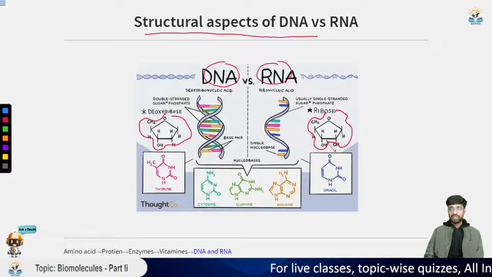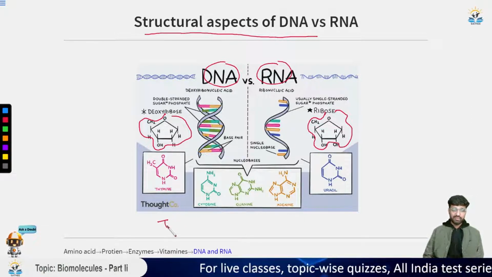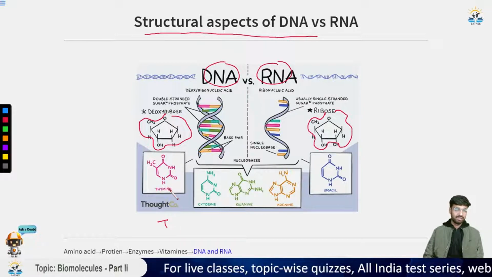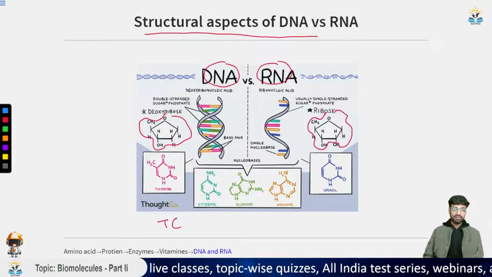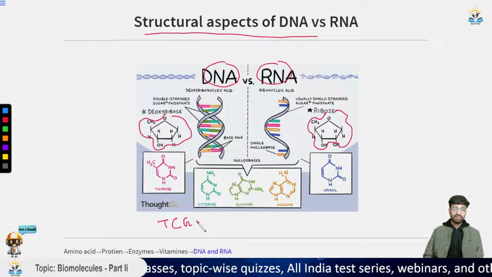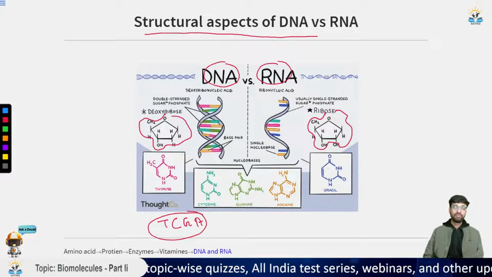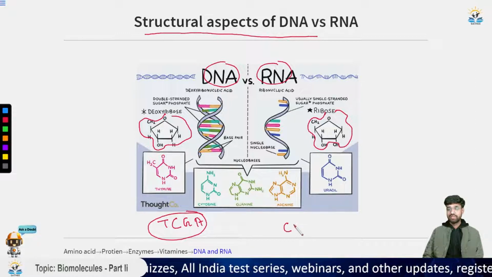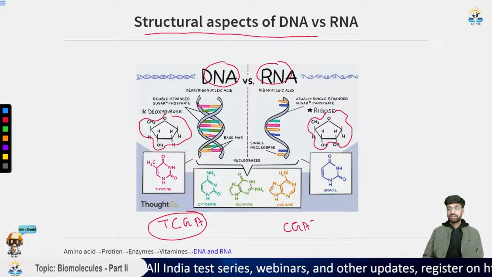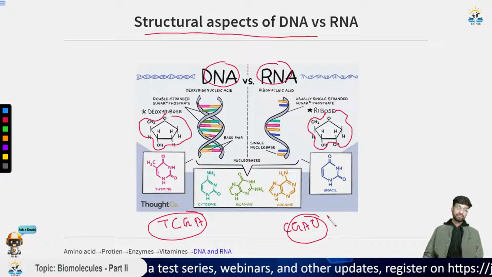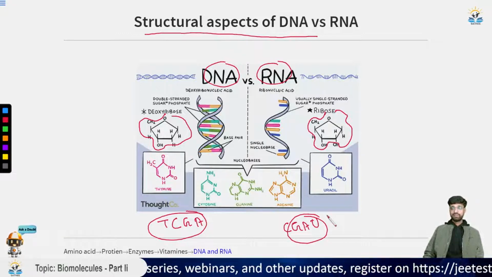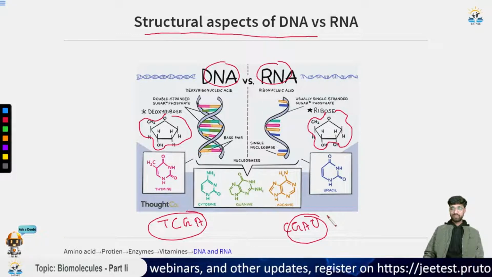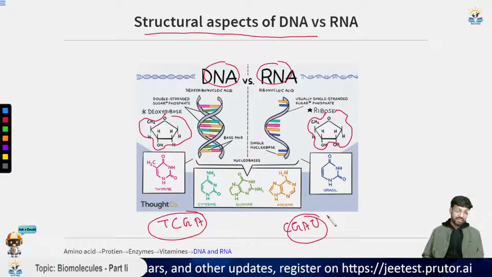If we talk about the bases, DNA has four bases: thymine, which has the symbol T, then cytosine, guanine, and adenine. RNA also has C, G, A, but U at the last. So this is the difference in the type of bases present in DNA and RNA.